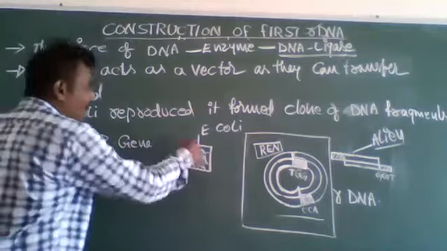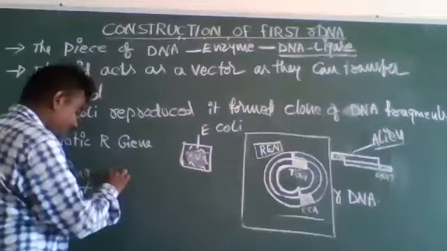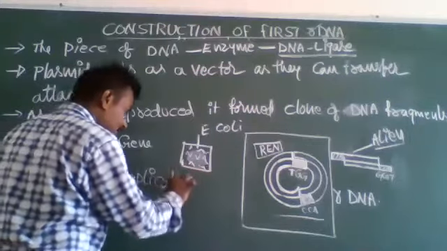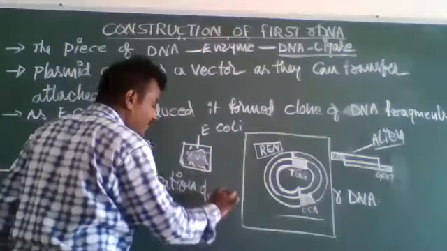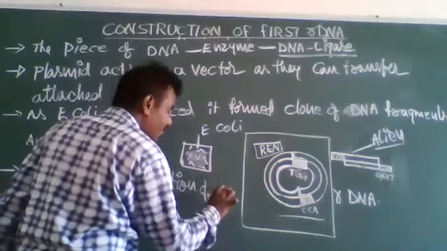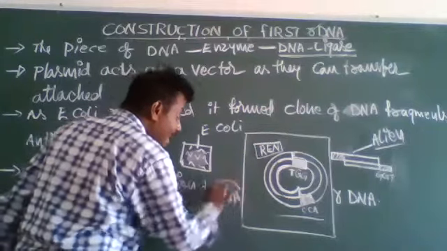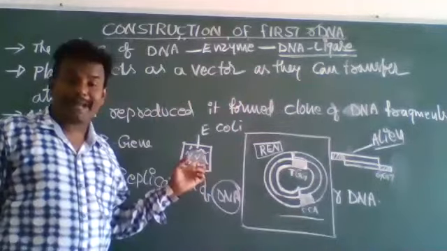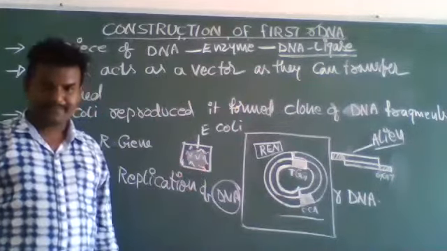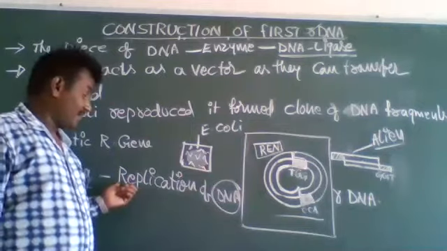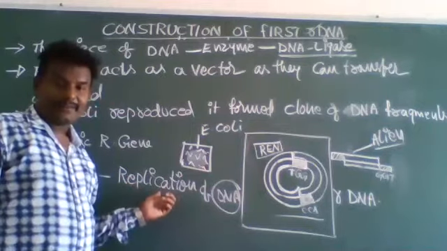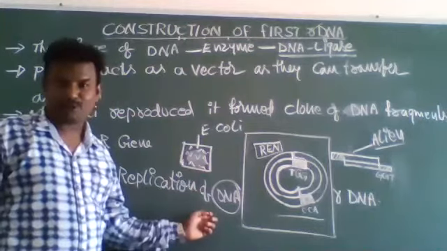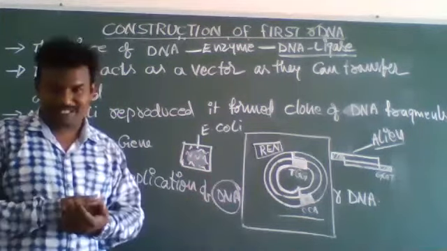So in the Escherichia coli bacteria, what happened? Replication of DNA. What DNA? This DNA. This DNA in the Escherichia coli bacteria is replicated, as E. coli bacteria performs replication of DNA and produces a number of copies.